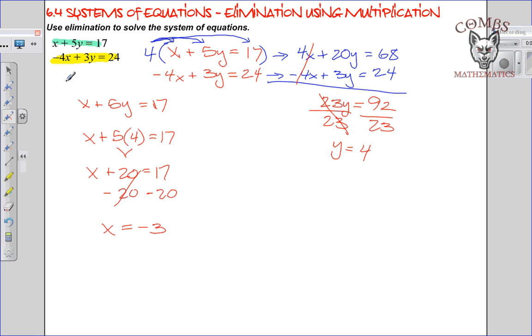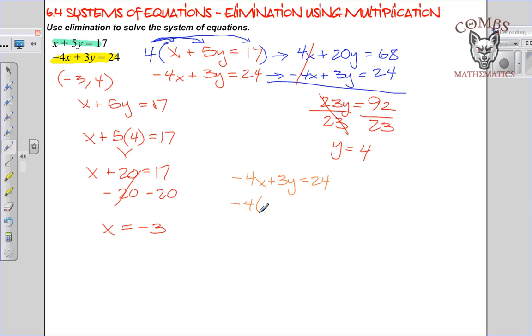So, we have a solution of negative 3, 4, and we want to make sure that we're right. So I'll use the bottom equation this time. Negative 4x plus 3y equals 24.